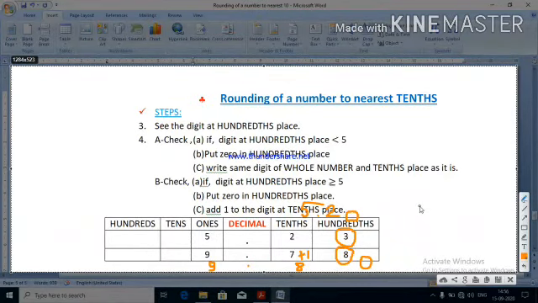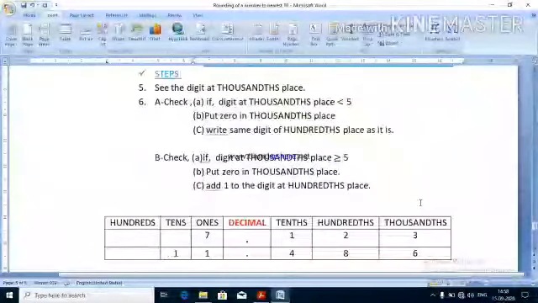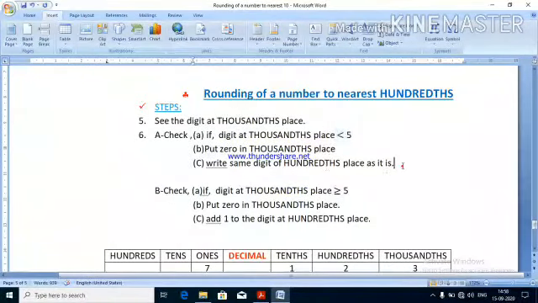Next one is at the hundredths place. At the hundredths place, you have to see the digit at the thousandths place.